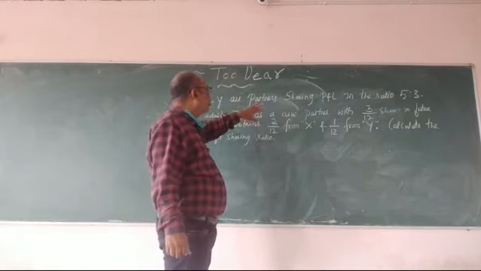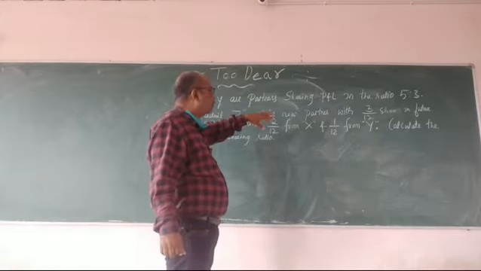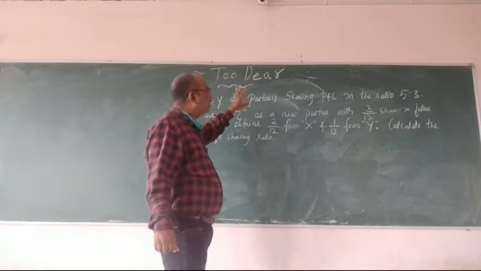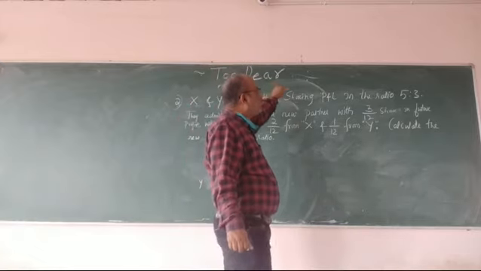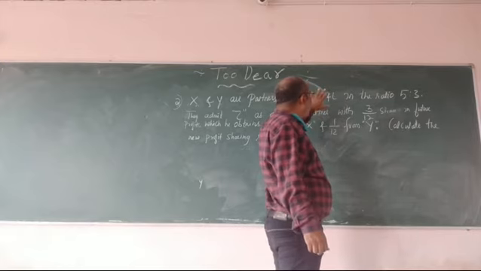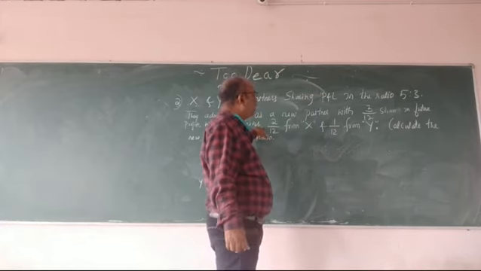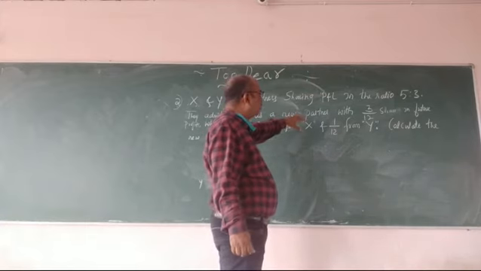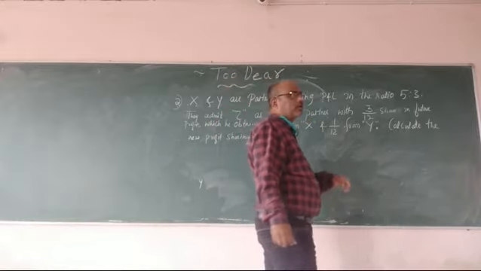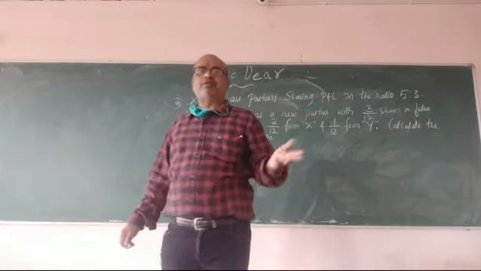They admit Z as the new partner with 3/12 share in the future profits, which he obtains 2/12 from X and 1/12 from Y. Here it is very clearly given that the old ratio of old partners is 5:3 and the new partner's share is 3/12, out of which 2/12 is sacrificed by X and 1/12 by Y. So we need not calculate how much share should be given by X and Y. It is calculated and given.